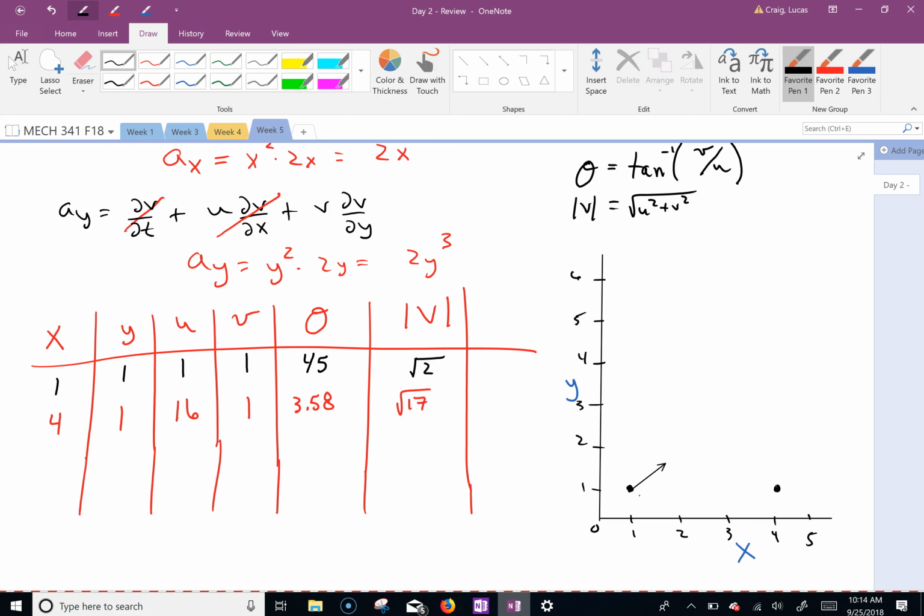Did I do that wrong? I don't think you squared 16. I think you just added it together. You did 7. Oh, yeah, I just added them. So what does that come out to be? 4.12? Okay.